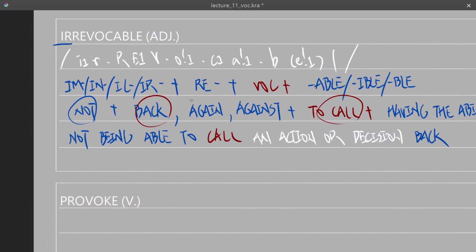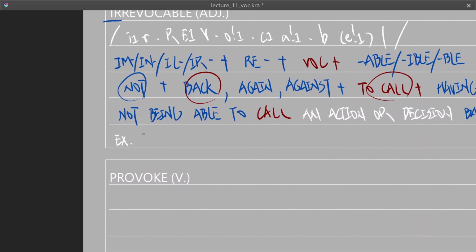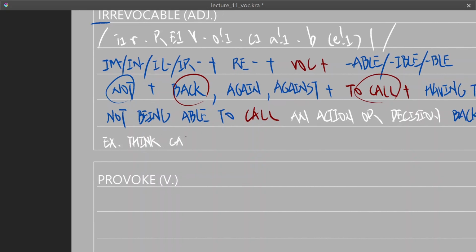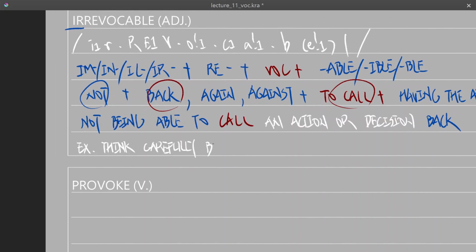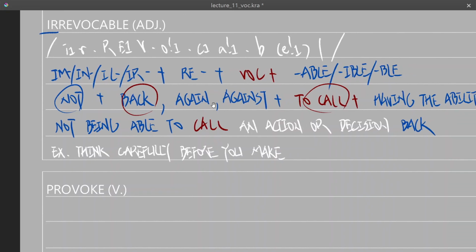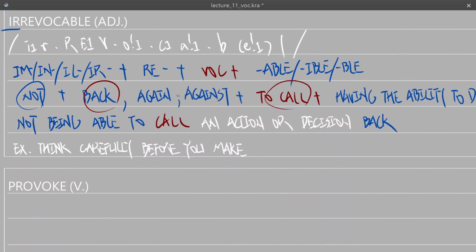Alright, for example, let's say think carefully before you make irrevocable steps, or before you make irrevocable decisions.